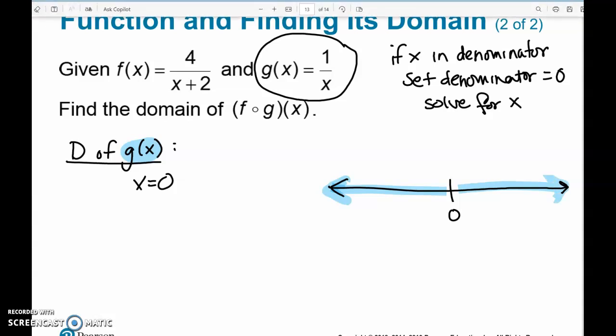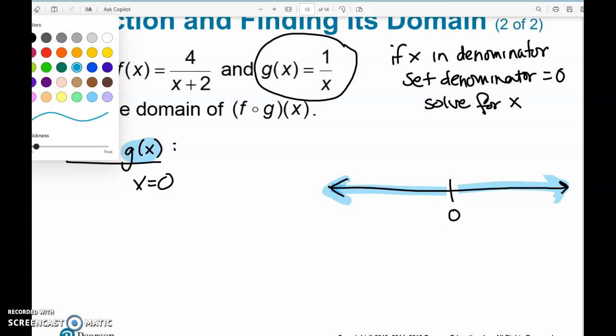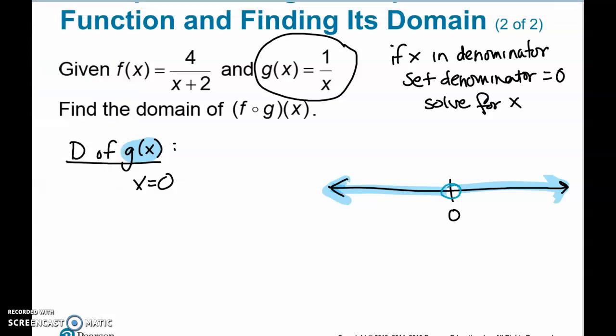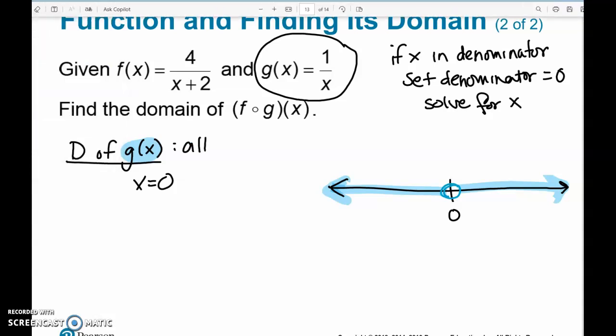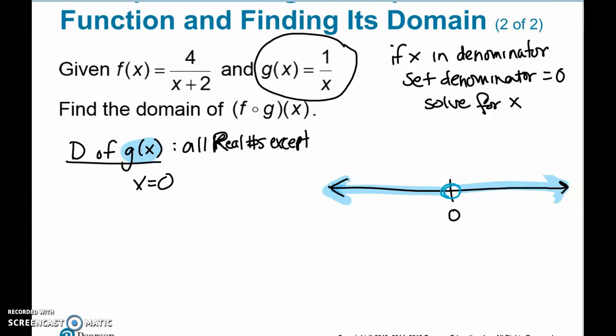The only thing we need to exclude is 0. So I can either use the parentheses here or the open circle. So far this is what we have. And so I'm just going to write the description. It's all real numbers except 0.